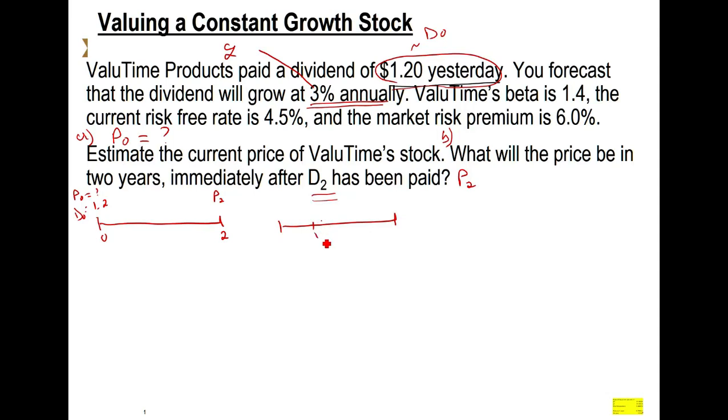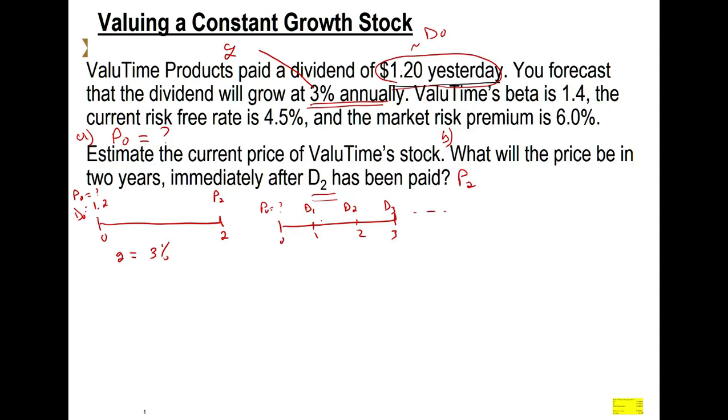The price of anything, remember, is in the end what you expect to receive. So P sub 0 will be basically the present value of D1, D2, D3, and so on and so forth. Since we know in this case that our constant growth is 3%, so this stock is growing at a constant rate, then we can apply the constant growth model.